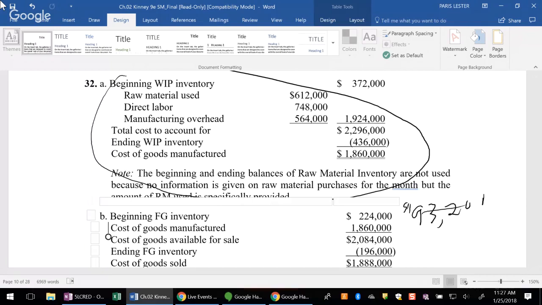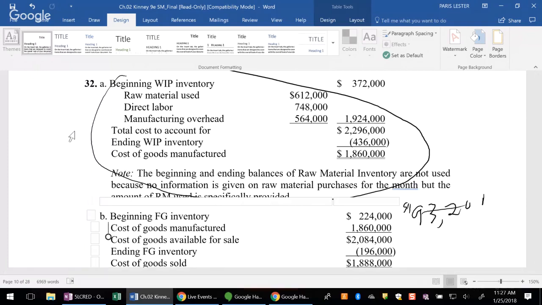Okay, does anybody have for number 33 the cost of goods manufactured? What have you got, Giorgio? 1,918,400. Anybody else got 1,918,400?